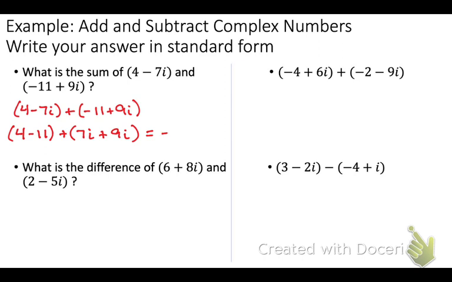Negative 7. And 7i plus 9i is 16i. So plus 16i. I'm just showing you how you rewrite it. I would not do this step ever. Do you know how to combine like terms? Yes. That's all you're doing. That's it.